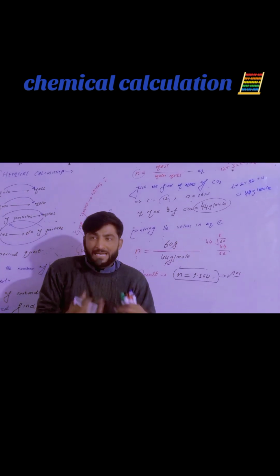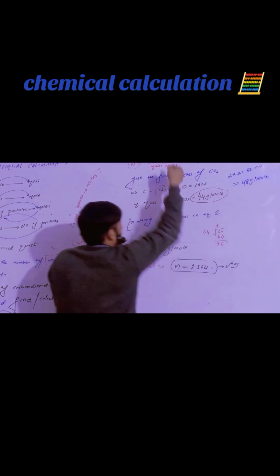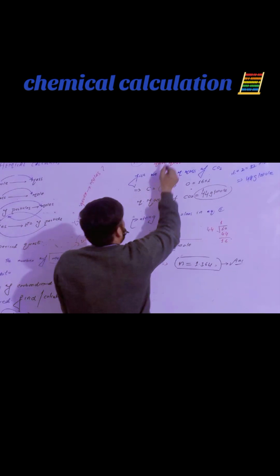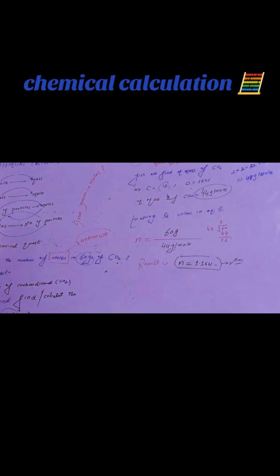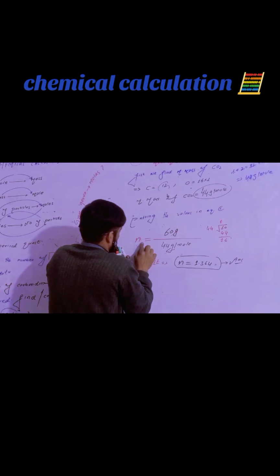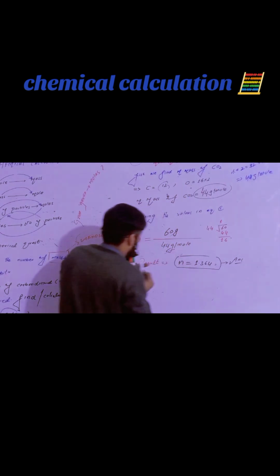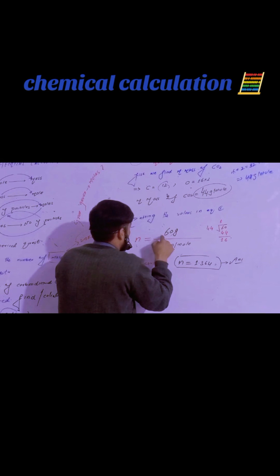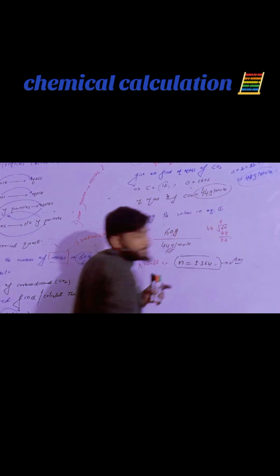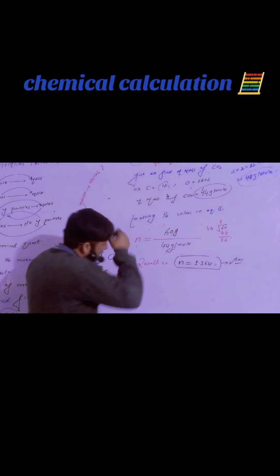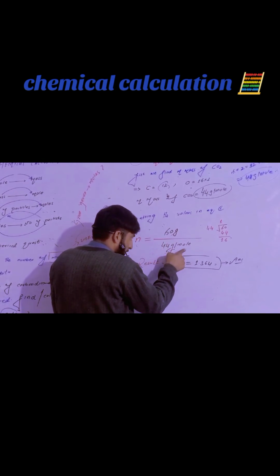Now we will put this value in the above equation. What is the mass? Mass is this one, 60 grams. So putting the values in equation number 1, N is equal to mass, which is 60, divided by molar mass, which is 44 grams per mole.